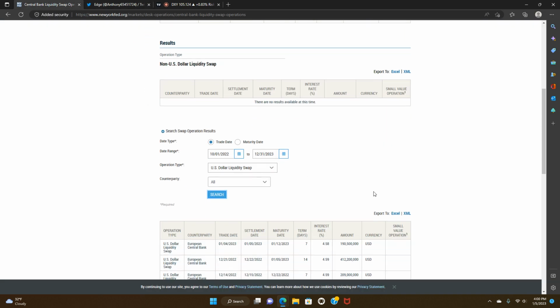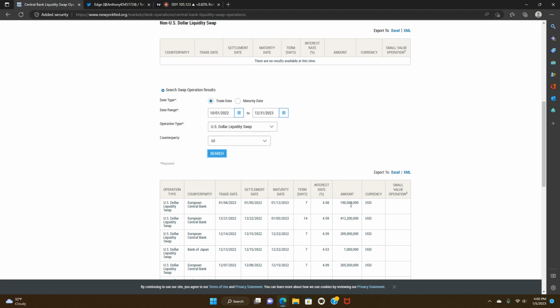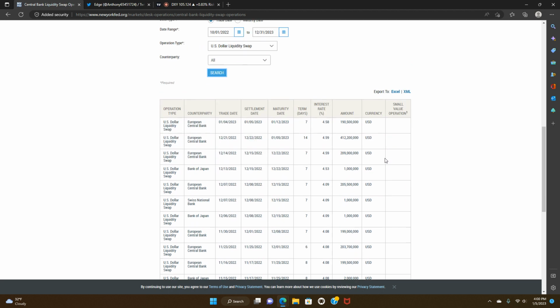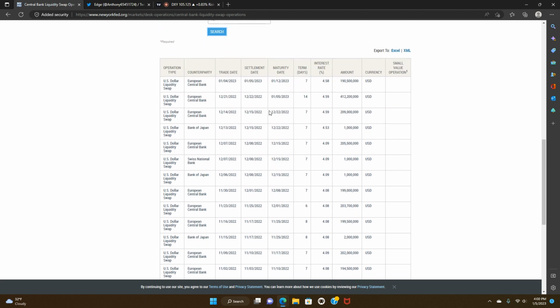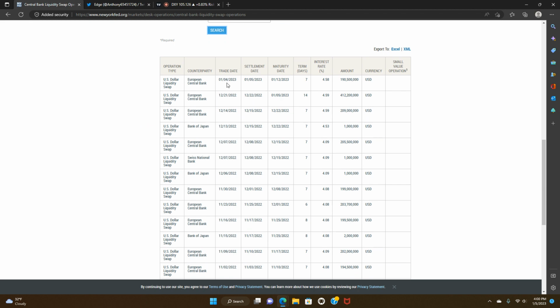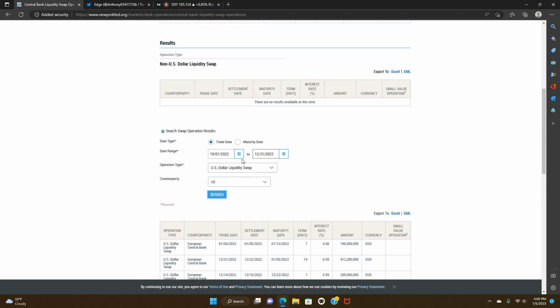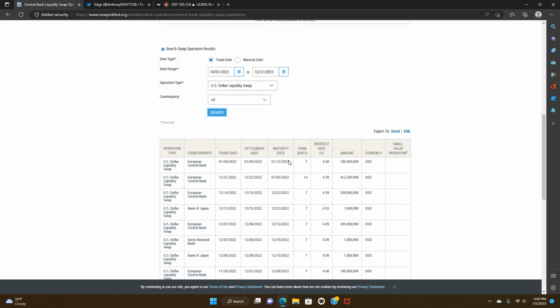But if you first go to this, it'll only show you the trades that have occurred in the last week or so. Generally there's only one of these per week. So if you went, you'd probably only see this one on January 4th. You need to expand the date range to encompass all of Q4, and then you'll see the whole list.